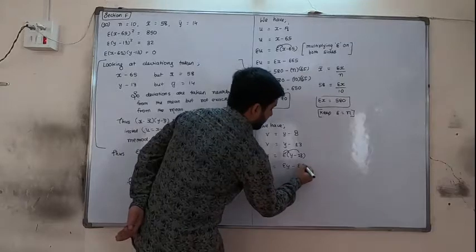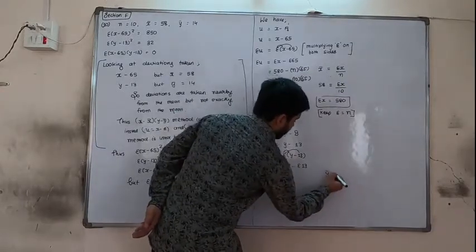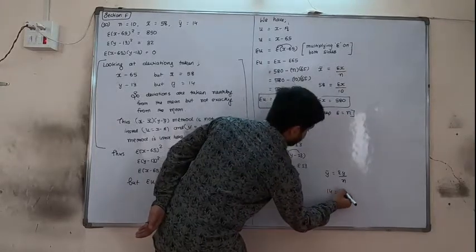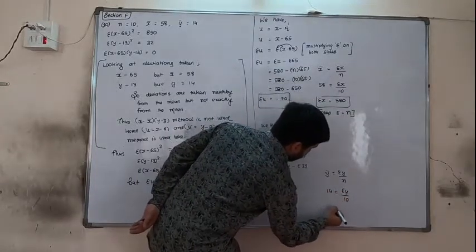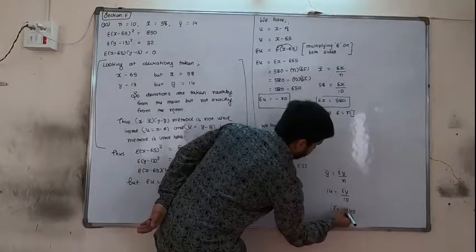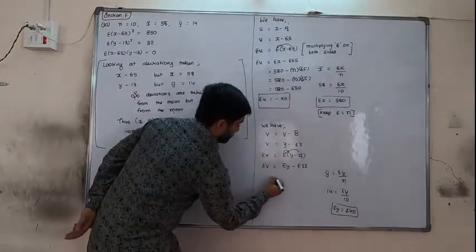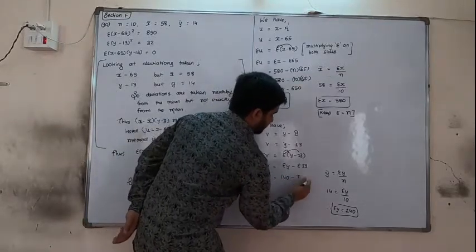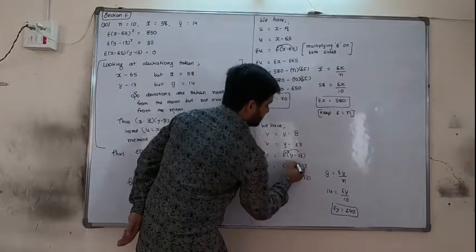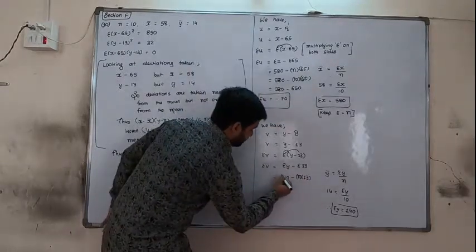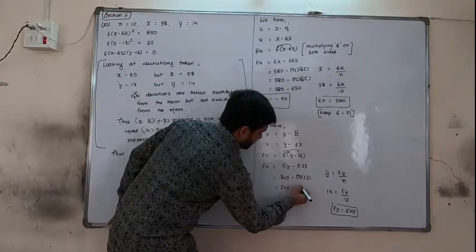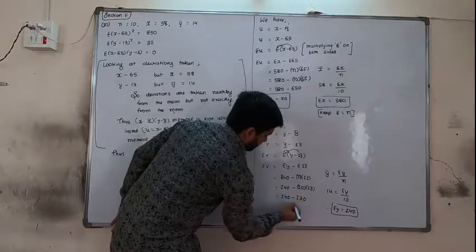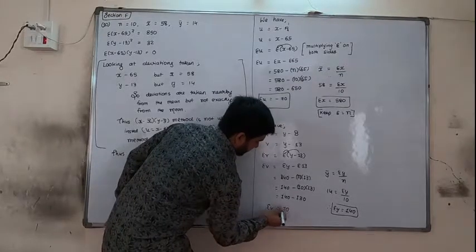Now y bar is 14, which equals sigma y by 10. Therefore sigma y is 140. So 140 minus n into 13. Again instead of sigma we keep n. Now 140 minus 10 into 13, that is 140 minus 130. So sigma v is 10.